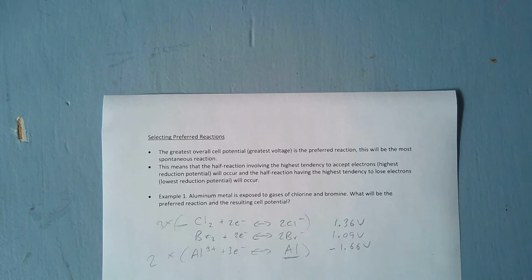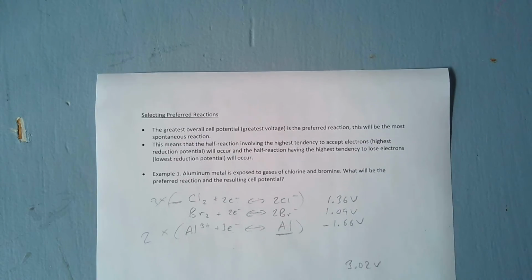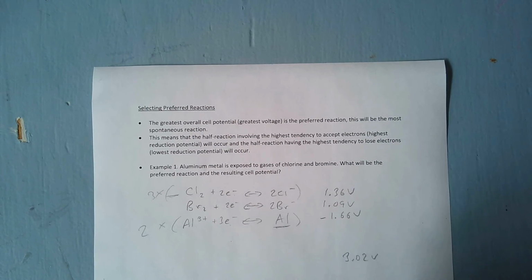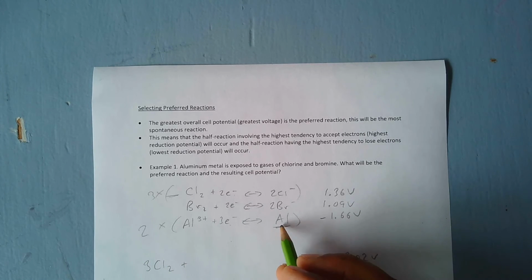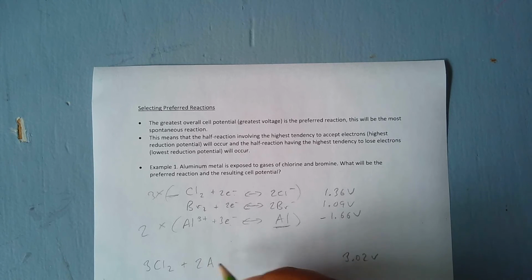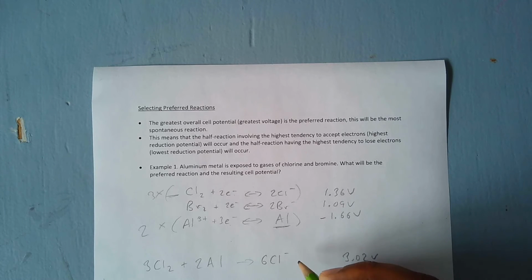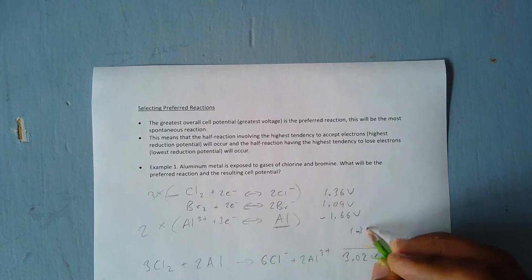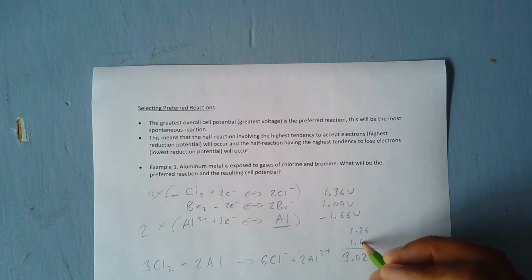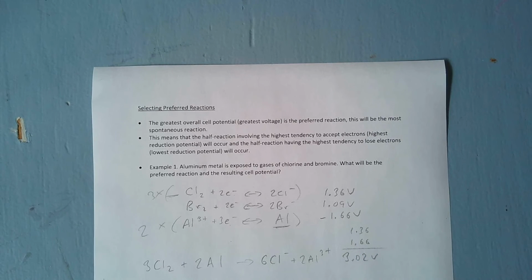So what that's going to give you is 3Cl2 plus, remember we're going to flip this one around, so it's going to be 2 aluminum, and that's going to give you 6Cl minus plus 2Al3 plus, and then this will be your cell voltage, right? So it's going to be 1.36 plus 1.66. And that gives you 3.02 volts.